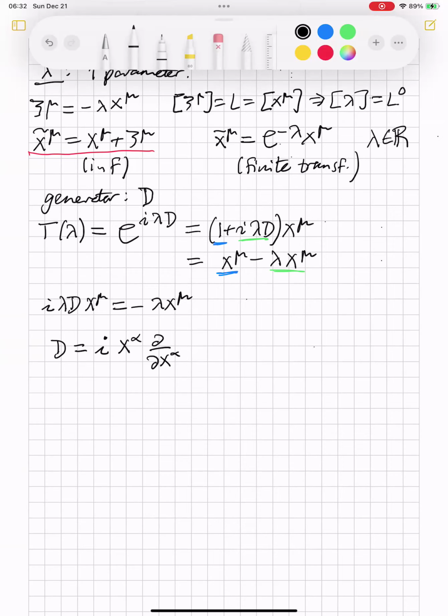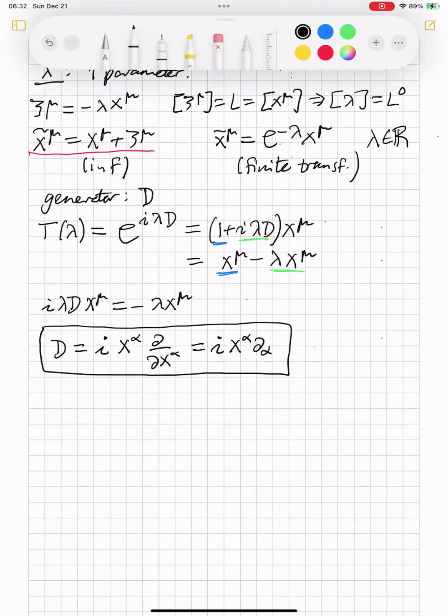So this x alpha d by dx alpha, you'll remember, just counts how many x's we've got. So that's the equation for the dilatation operator, the generator of scalings. And you can check that it obeys the equation just above it, boxed in green. So the green equation implies the form of the generator that we found.